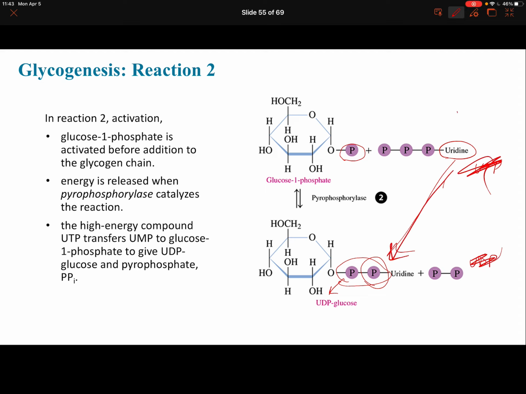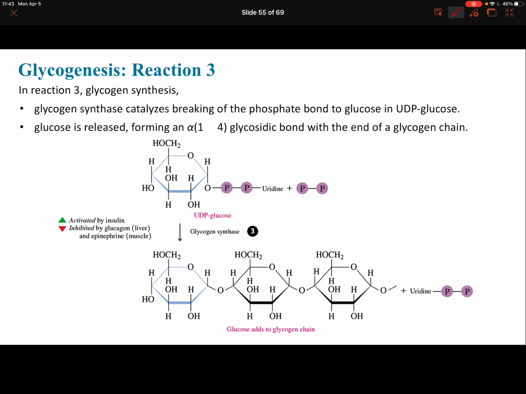We basically had a UTP and then 2 phosphates came off and the UMP stuck on here. Because there was already a phosphate, it's UDP-glucose. So it's activated with the addition of this uracil group. Now we have this high energy compound, UDP-glucose, and pyrophosphate, which is what they call this leftover of the UTP.